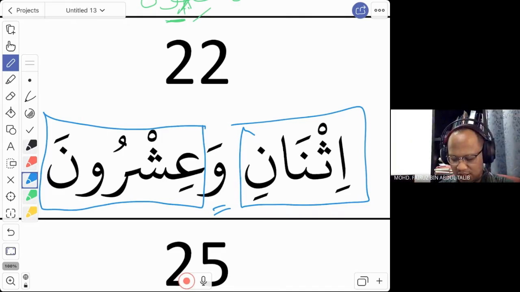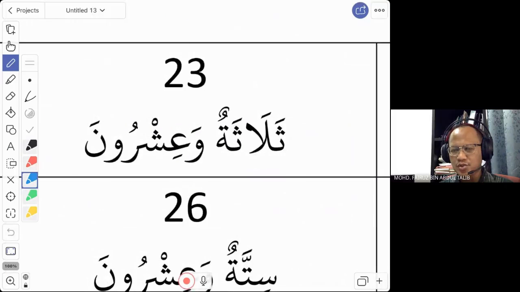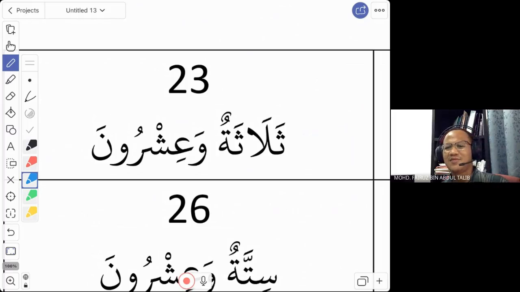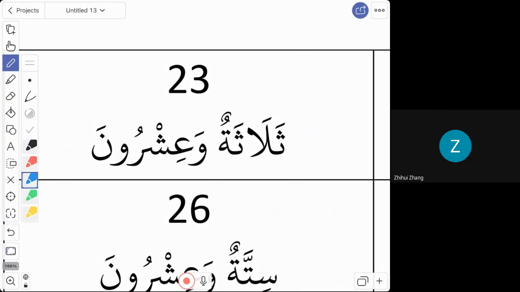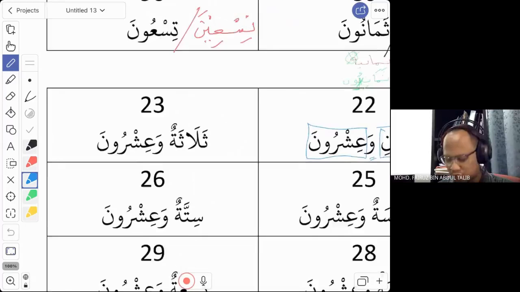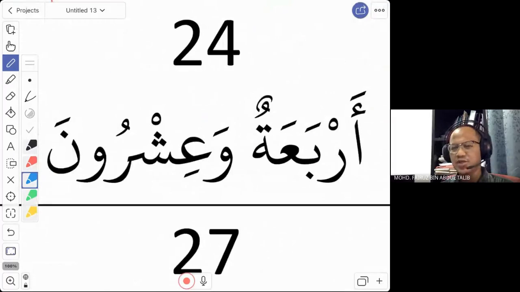That is 23. Thalathatun wa ishrun. Correct. What is 24? 4 and 20. Arba'atun wa ishruna. Yes, sahih, both of you. You start with 4 and 20. Arba'a wa ishrun.